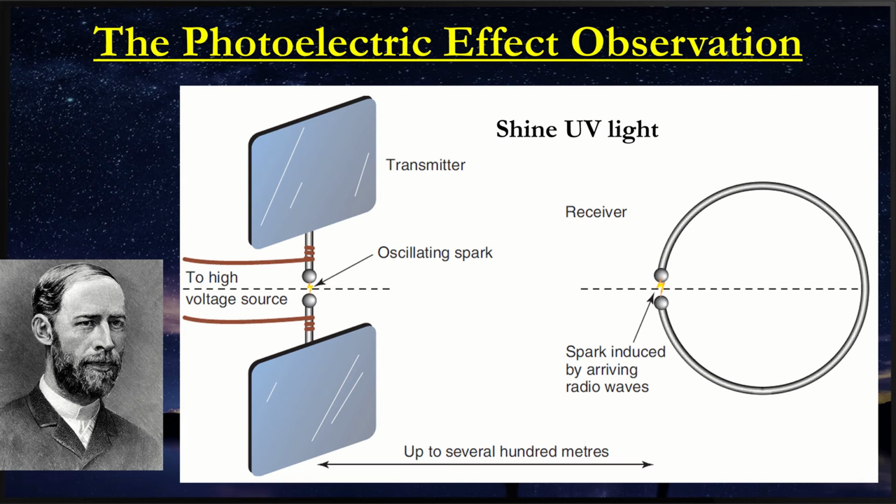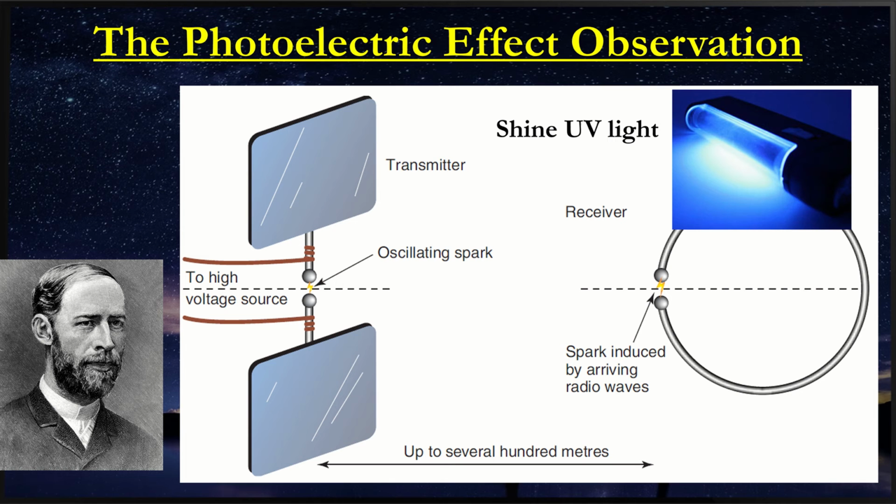Another thing we could look at is another follow-up experiment he did. He decided to shine ultraviolet light onto the conductive loop. And when he repeated the experiment again, after this circular loop was exposed to ultraviolet light, he found that there was an increase in sparking, which means that there were more electrons displaced.